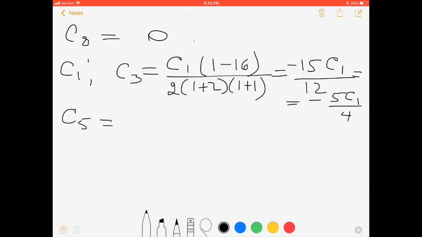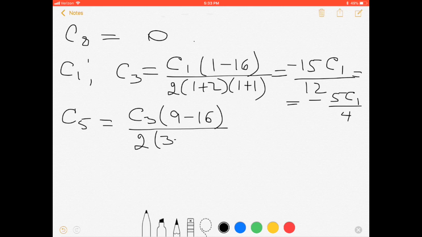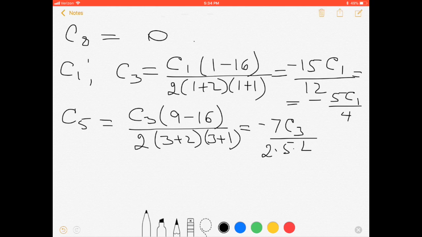C5 will be C3 times (9 minus 16) divided by twice (3 plus 2)(3 plus 1). It will be minus 7 C3, and 3 plus 2 is 5, 5 times 4, so 2 times 5 times 4.